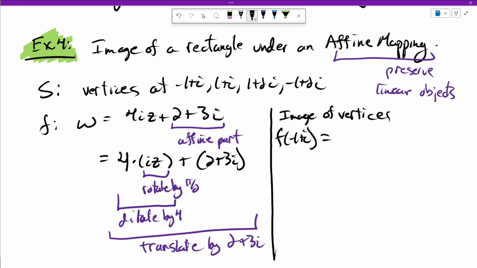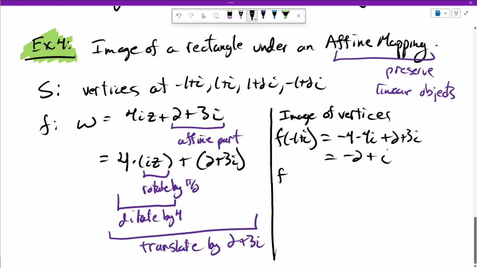So we are going to multiply by i, then 4. So that's multiplying by 4i. What's that going to end up being? I think you'll find it's -4 minus 4i. And then we have to add 2 plus 3i to it. So that's -2 plus i.